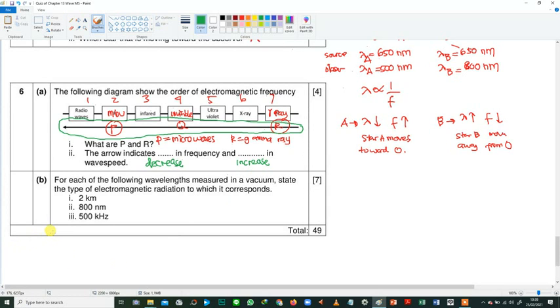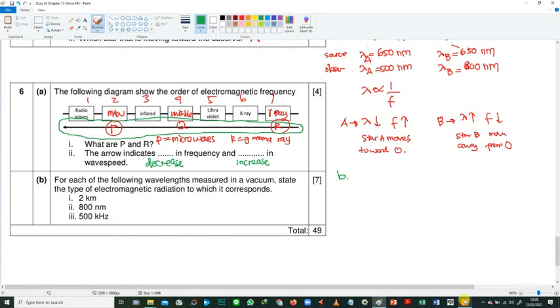Okay, next is going to be B. B is about the relations where you have to find the wavelength, and then compare it with the table of the electromagnetic wave.